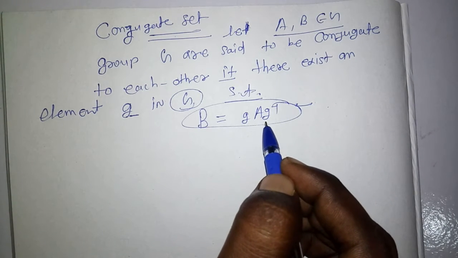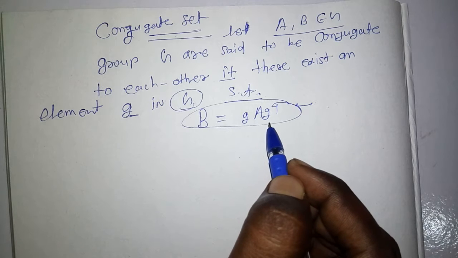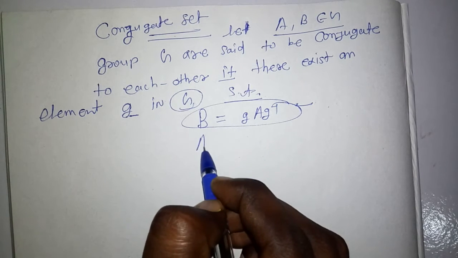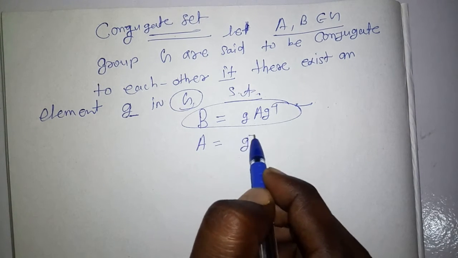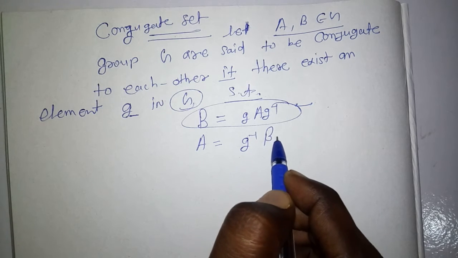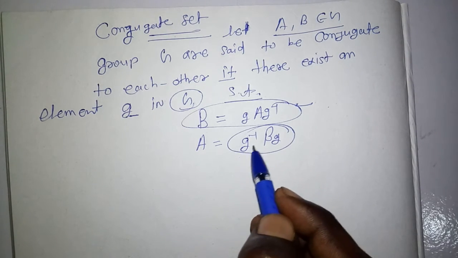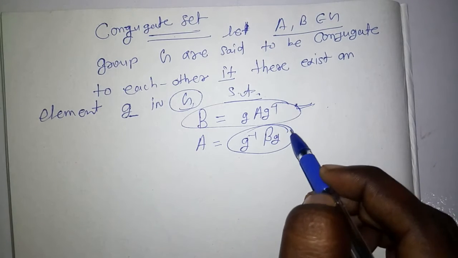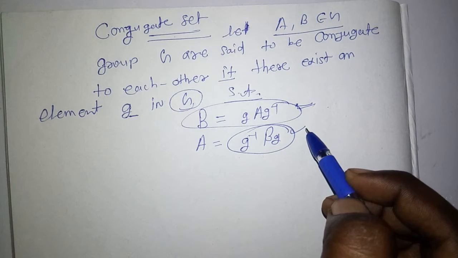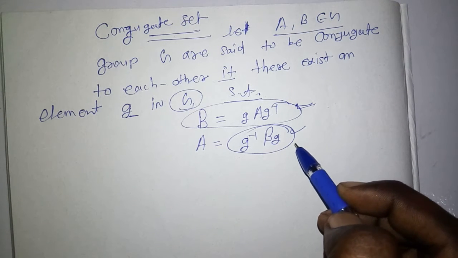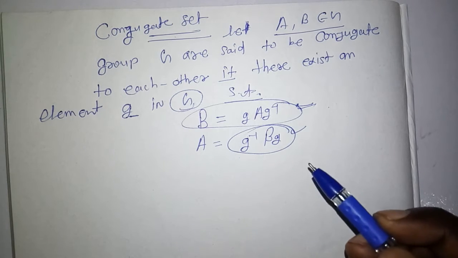Okay, that is the opposite of conjugate set, students, and we can also write here A is equal to g inverse B g. Okay, and this is called conjugate set, students.